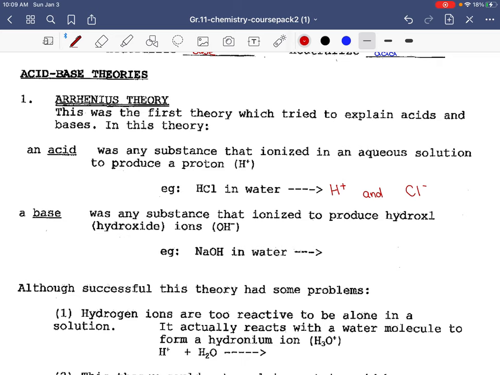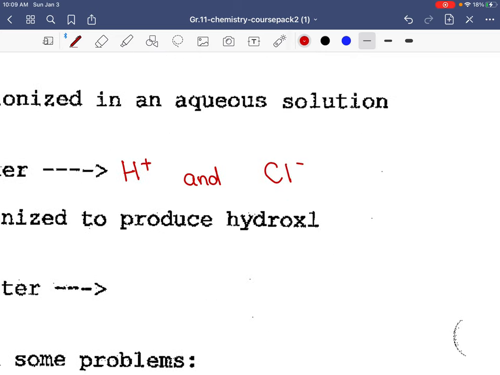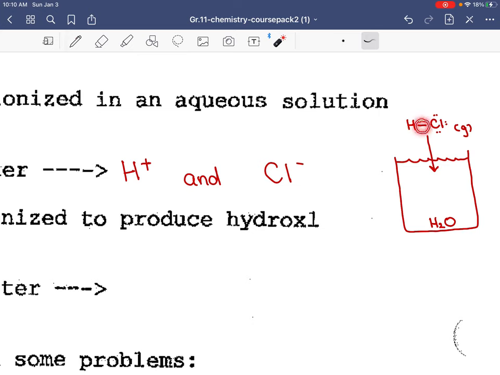So let me draw a little picture right here. You might have already seen this picture before, but this is HCl in its Lewis structure, and this is a gas. Obviously this is a hypothetical diagram, but if you take HCl and dissolve it in water, chlorine will take both of the electrons that are being shared.